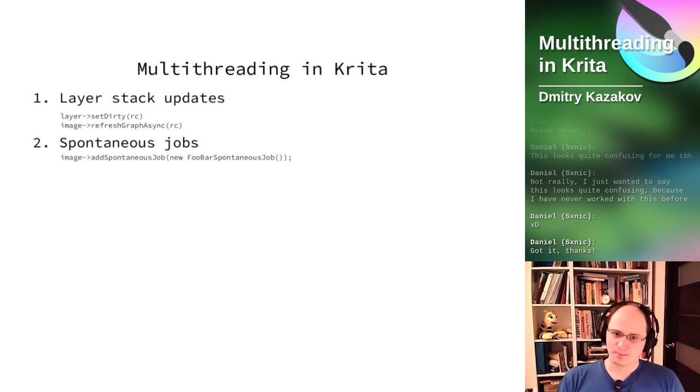That is, if you look at the example of generator layers, if you have the generator layer dialog open and you changed your configuration like 3 or 5 times, and the dialog generated 3 or 5 spontaneous jobs which would have to regenerate the generator layer.